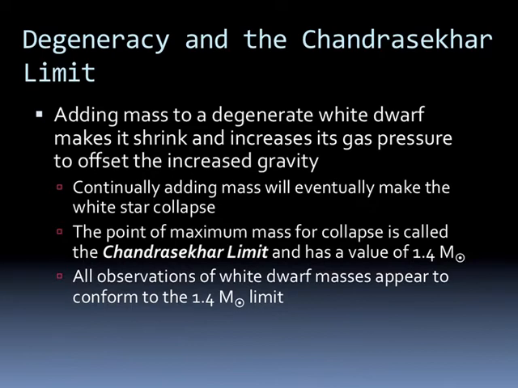So again, if I add mass to a white dwarf, it doesn't get bigger, it actually shrinks. Continually adding mass will eventually make the white dwarf collapse. The point of maximum mass for collapse is called the Chandrasekhar limit, and it's a value of 1.4 solar masses. All observations of white dwarf stars' masses appear to conform to the 1.4 solar mass limit or smaller.